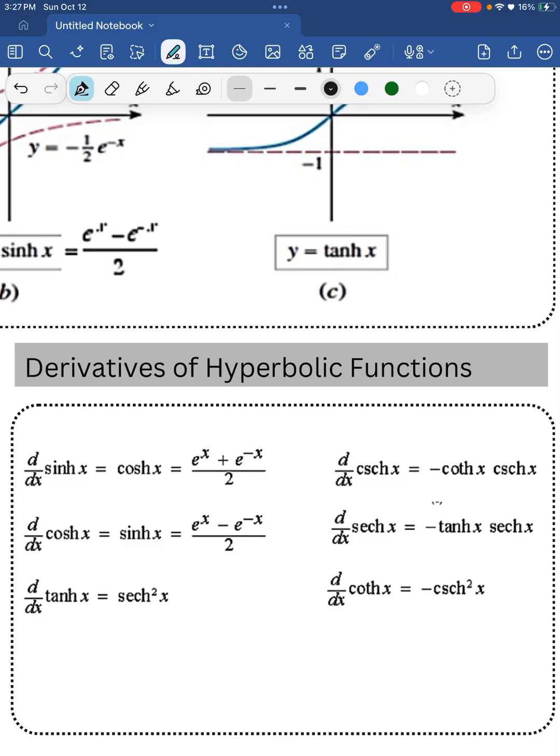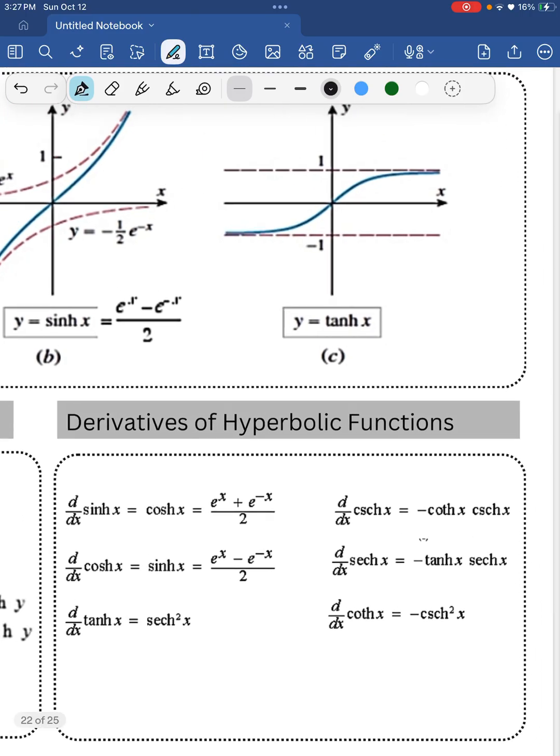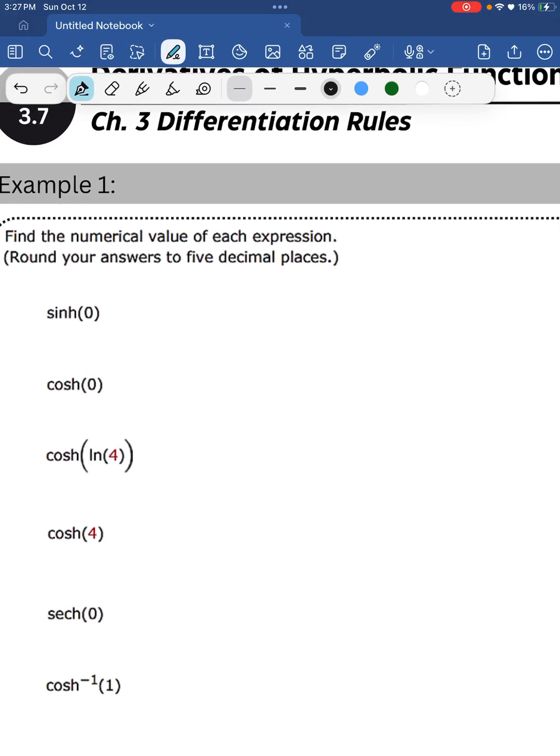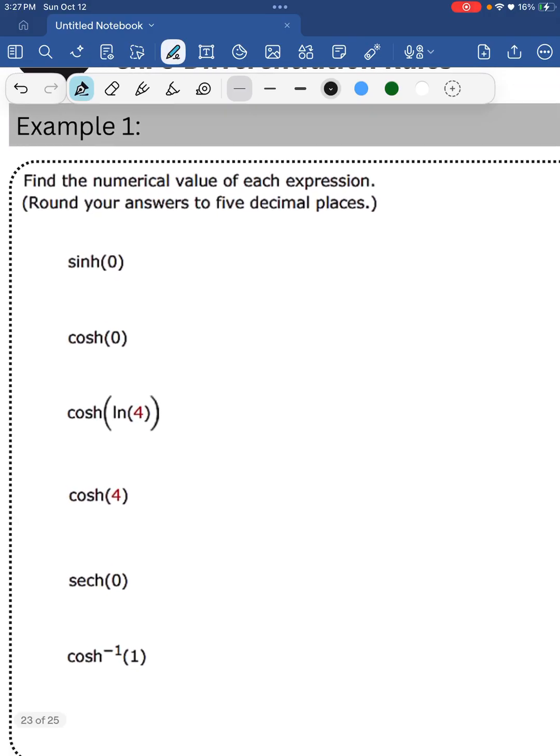Okay, so here we're just going to evaluate the following hyperbolic functions at some value, and if possible, we can round our answers to 5 decimal places.